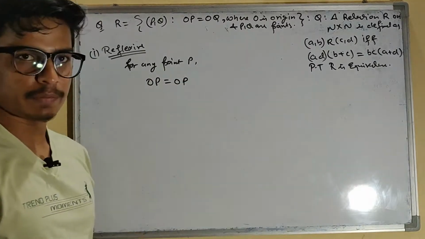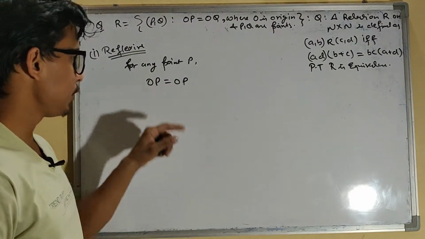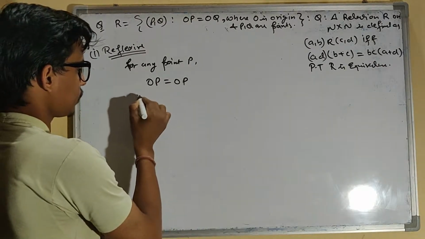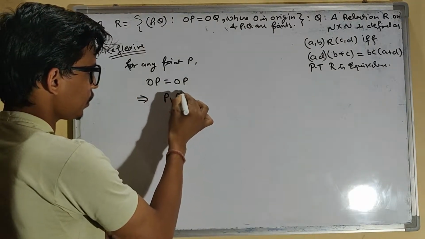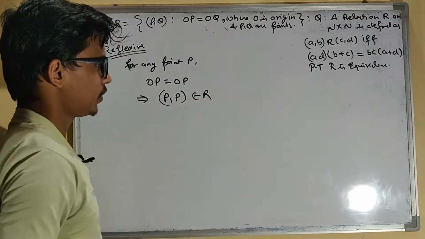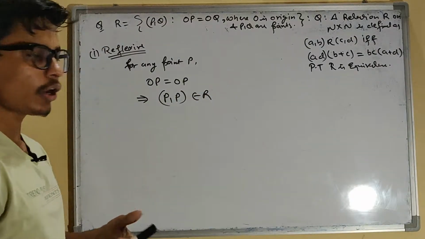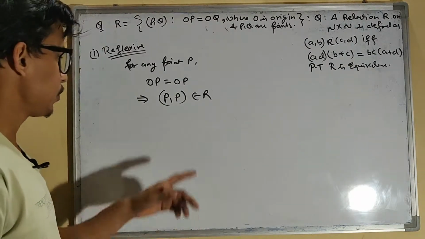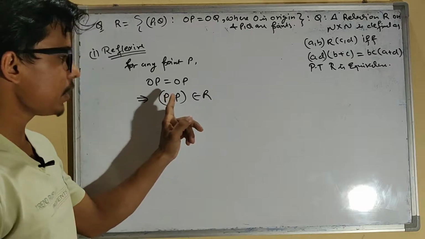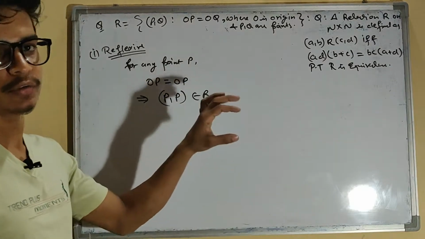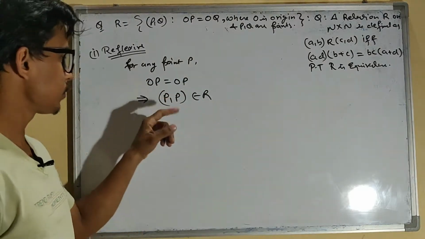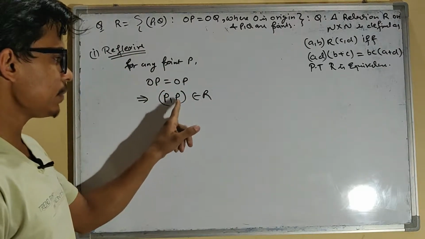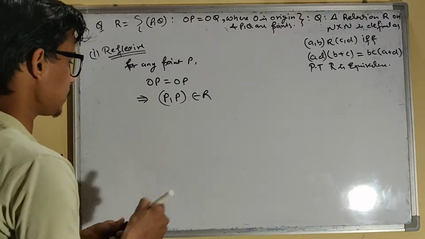For any general point P, OP is always going to be equal to OP. So this implies that (P, P) belongs to R. So for any point P, OP always equals OP. So (P, P) belongs to the relation when OP equals OP, so obviously you write it this way. OP equals OP, so this implies that (P, P) belongs to R, hence R is reflexive.